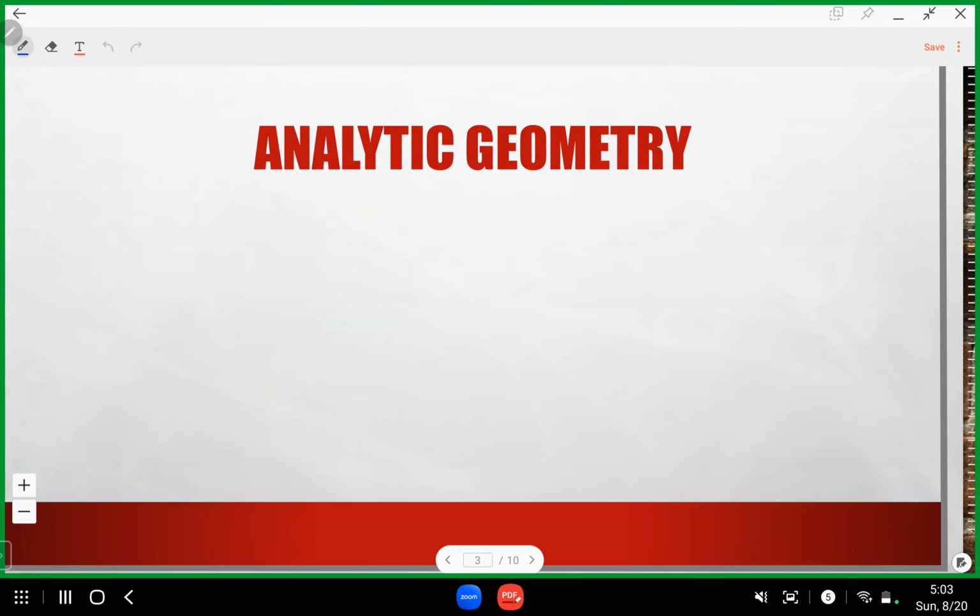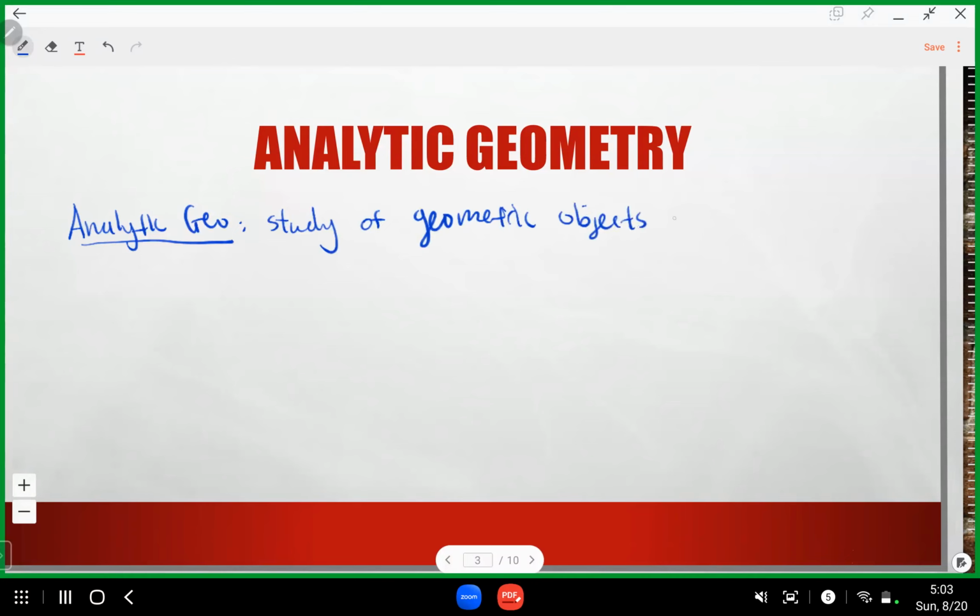Analytic geometry, okay, is the study of geometric objects using algebraic techniques, right? And studying conic sections is a part of analytic geometry.